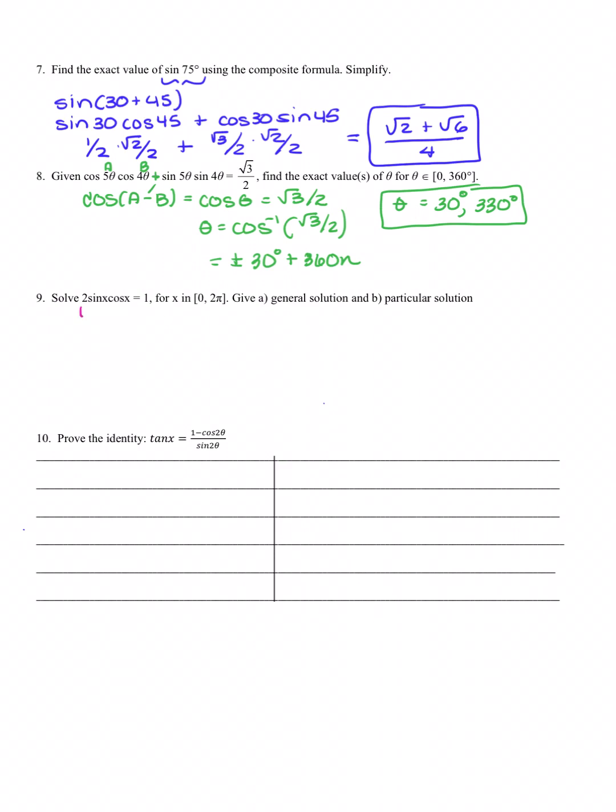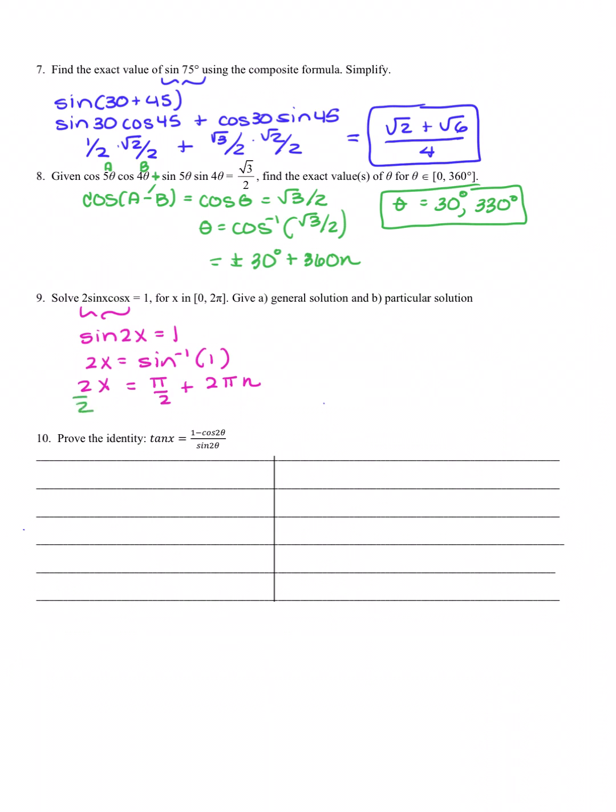Then we have 2 sine x cosine, so we can convert that into sine 2x, because that's the identity, equals 1. So 2x will equal the inverse sine of 1. Now this is a quadrantal angle, so you're only going to have the one answer, pi over 2 plus 2 pi n, but that equals 2x.